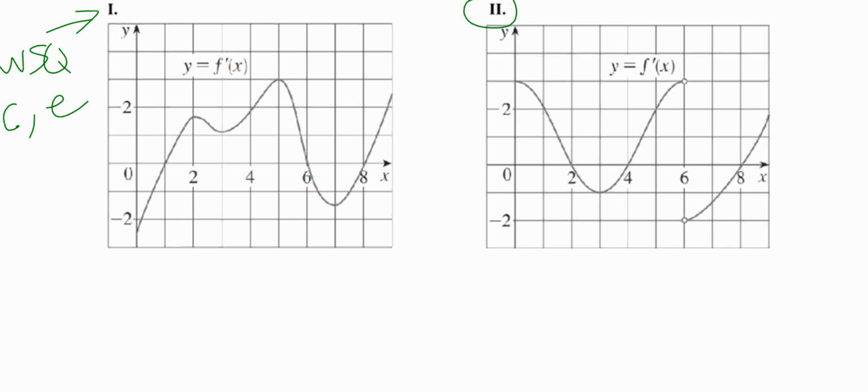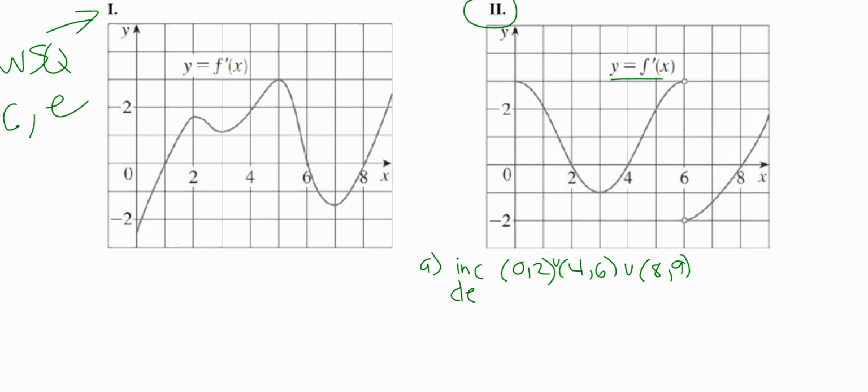All right, where is f increasing or decreasing? Now, keep in mind, this is the graph of the derivative. F is increasing when the derivative is positive. That looks like 0 to 2, 4 to 6, and then also from 8 to 9, because it told us the interval goes all the way to 9.